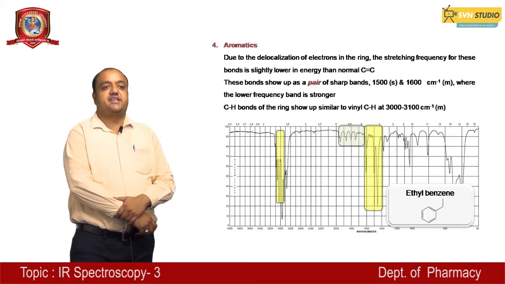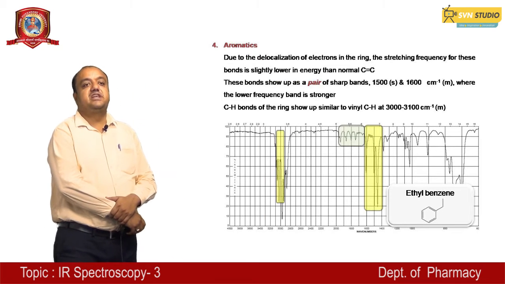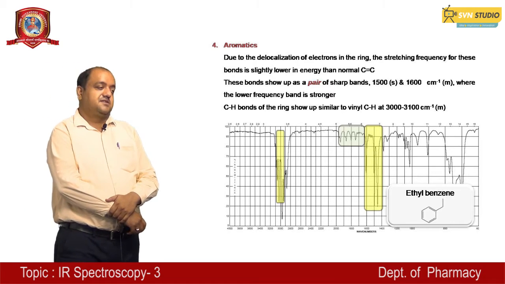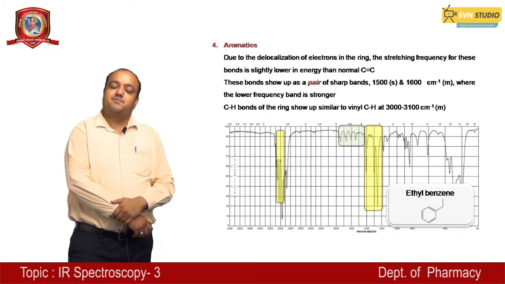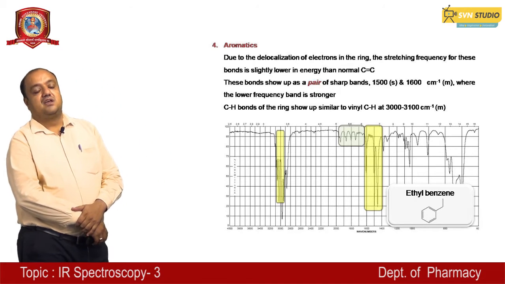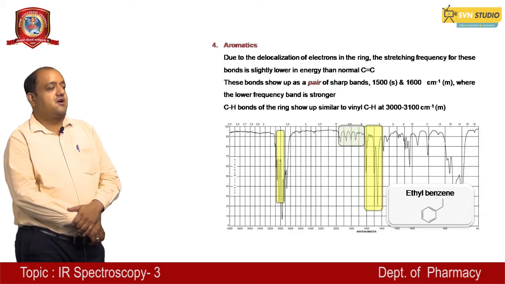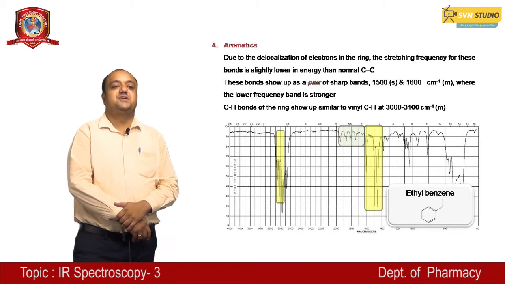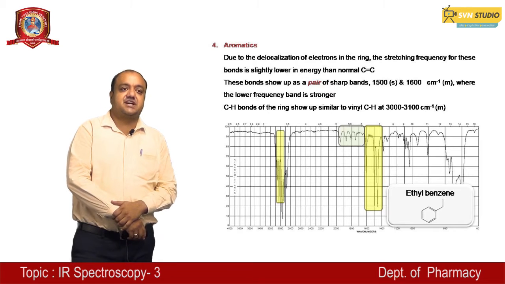The fourth one is the aromatics, due to the delocalization of electrons in the ring. Examples like benzene show resonance. Resonance is the shifting of an electron from one place to another place, and the benzene molecule shows the highest resonance structures.